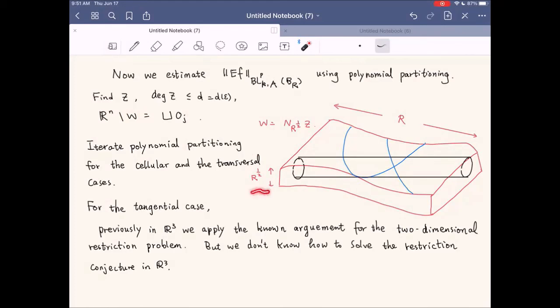But in higher dimension, we don't know how to deal with the restriction estimate in R^(n-1), where all we know is to apply polynomial partitioning again in R^(n-1). And here is what we do. We find a way to pretend that this surface looks like a plane in some sense, and then we do polynomial partitioning in R^(n-1).